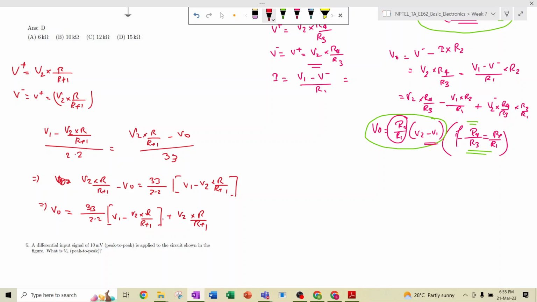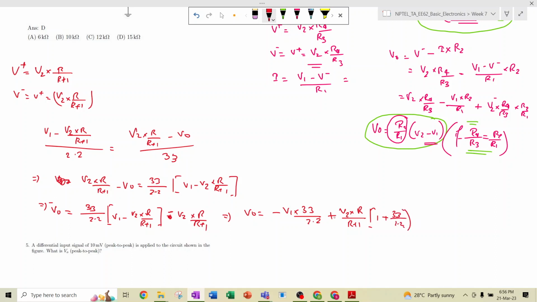Oh sorry, that will be a minus sign and this will be minus. Okay, so if we consider this VO, that will be minus V1 into 33 divided by 2.2 plus, if we take V2 into R divided by R plus 1 common, then we will get 1 plus 33 divided by 2.2.